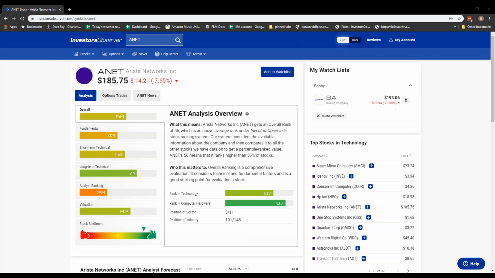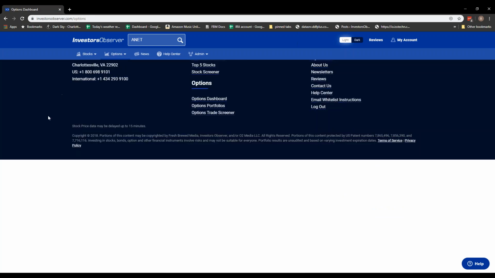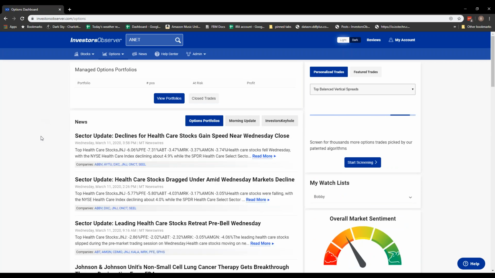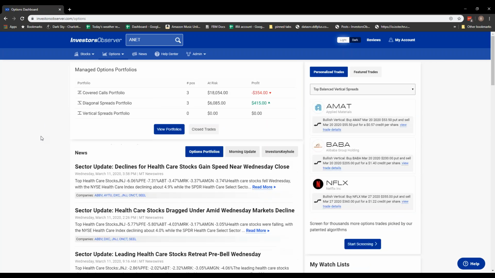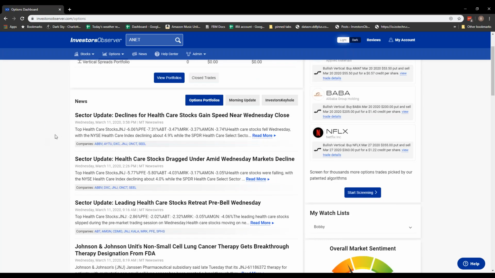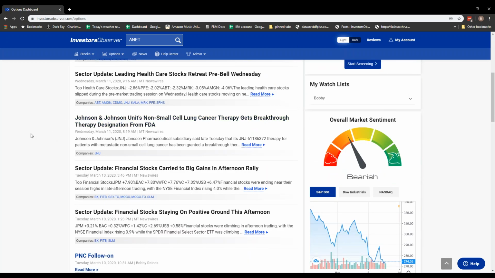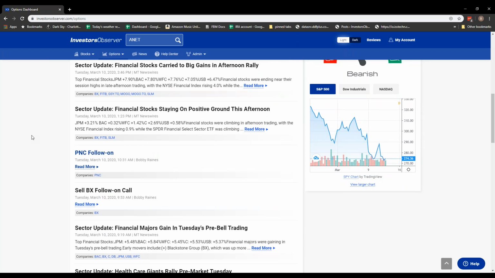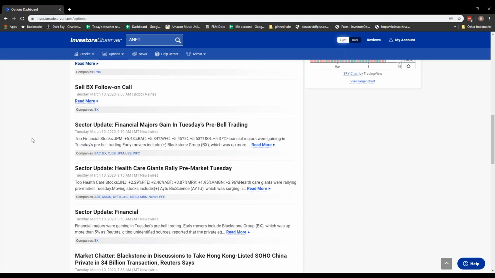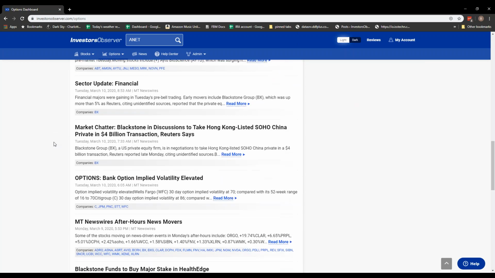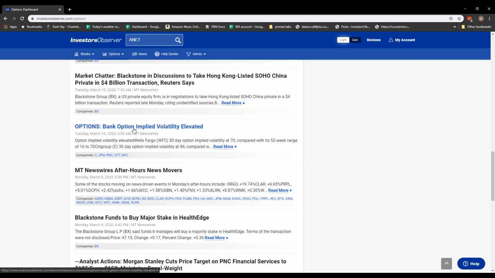All right, so Donald said he does enjoy the unusual options activity emails. Let me point out that if you go to the options dashboard, under options news, there used to be... We're currently changing the way some of our news gets displayed, so things move around a little bit.